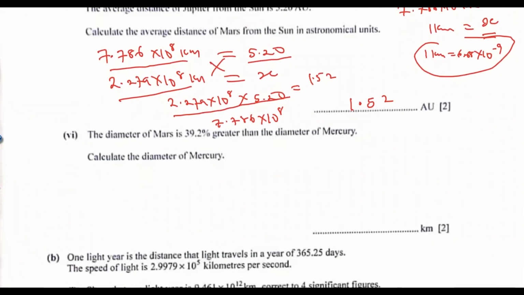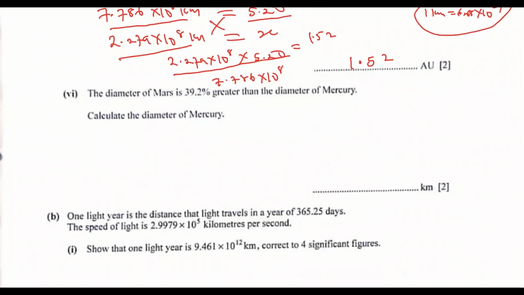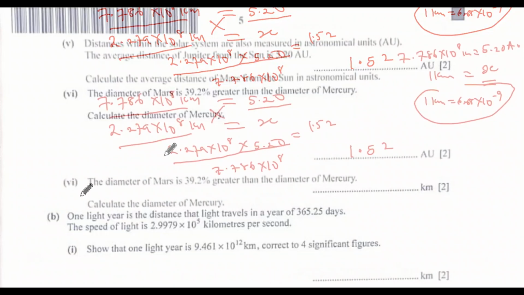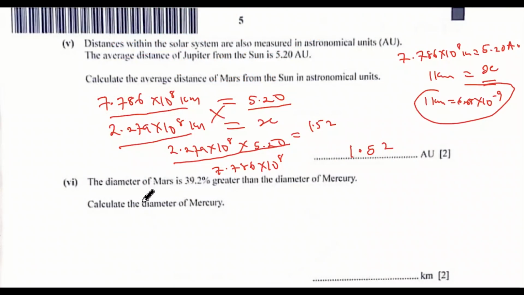That is Roman figure 6. The diameter of Mars is 39.2% greater than the diameter of Mercury. So calculate the diameter of Mercury. From the question, it is clear that the diameter of Mars is 39.2% greater than the diameter of Mercury.